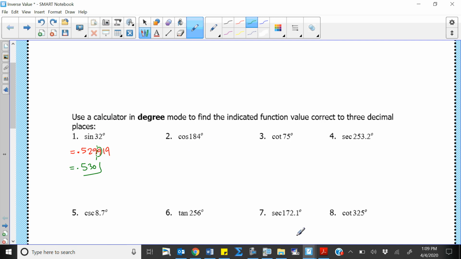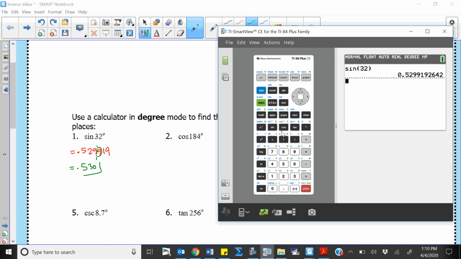The next one, cosine of 184. Just simply go here, cosine of 184, and the answer is negative 0.997567.